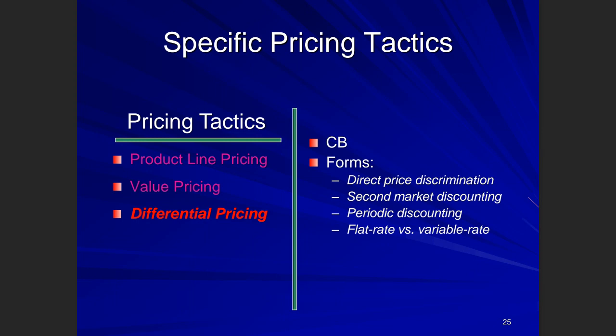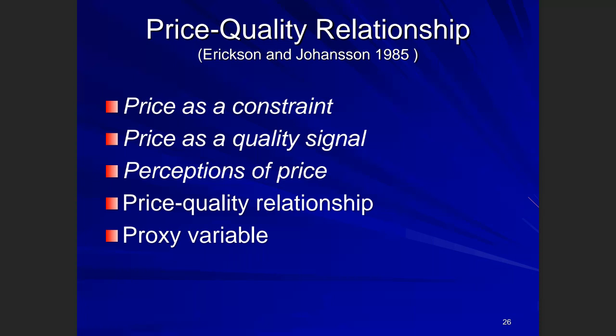So in conclusion, then, we realize that the price-quality relationship is alive and well. Lest you think that I'm making this up, please don't. When we talk about the price-quality relationship and the heuristic, and the linkage, if you will, between quality and price, we see that that really has come out of the work of Ericsson and Johansson in the 1980s, who initiated a whole stream of very robust seminal research in that domain.